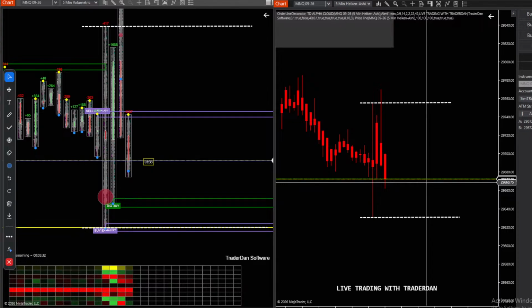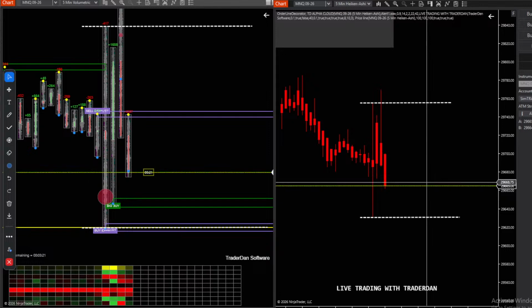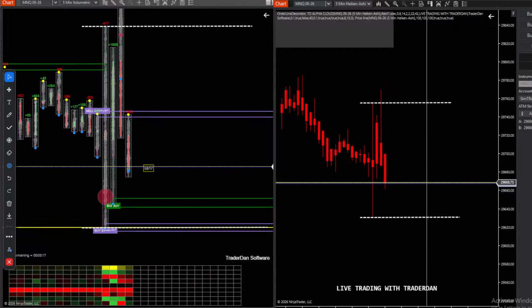Got a small sell setup here. It looks like they're going to sweep the low and push down into the big buy zone again. Looking like we're going to fall down, guys.